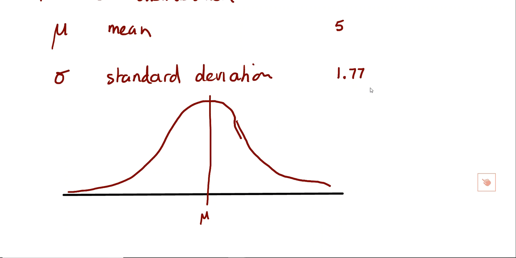Why is that? Because the standard deviation is the mean distance away from the mean. Remember that. So some will be less, some will be more.